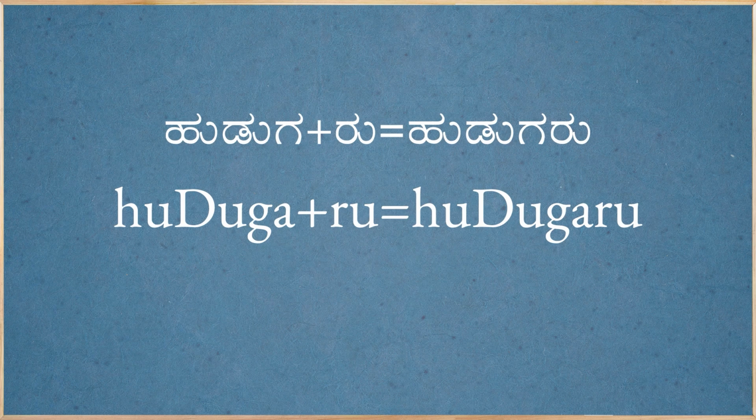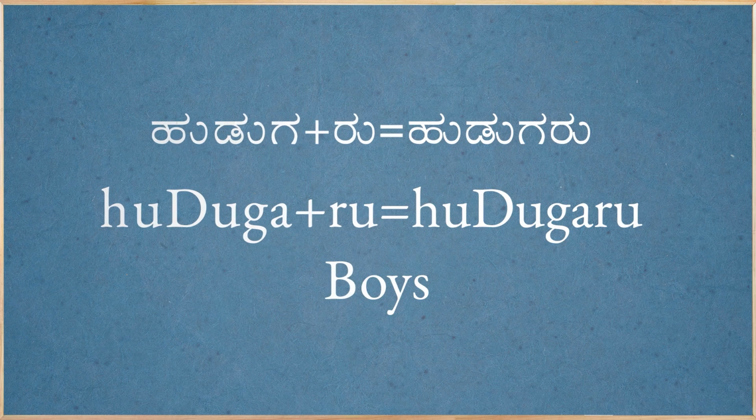These markers not only denote plurality but also convey respect or formality. The key points to remember are ru, used with human nouns ending in a. Example, huduga plus ru becomes hudugaru. Boys can express respect. For example, adhyapakaru.